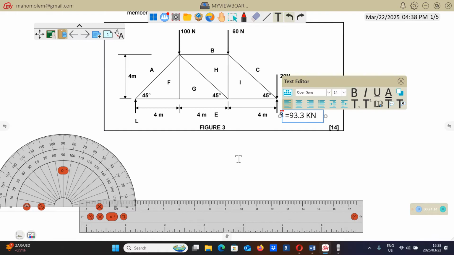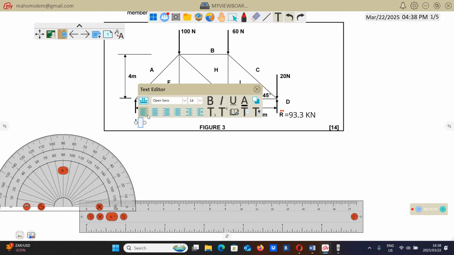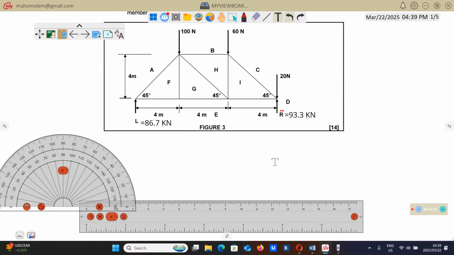Let's leave it like that. Then on the other side, we got 86.7 kN. Those are the reactions.